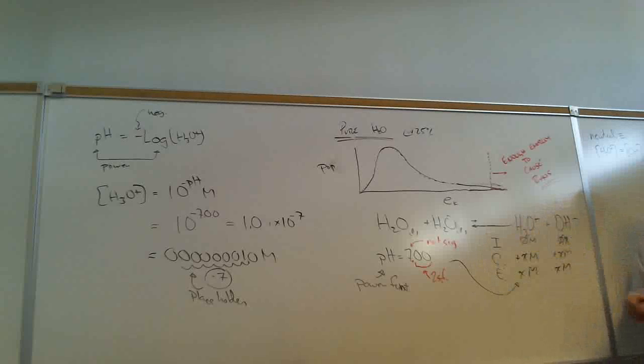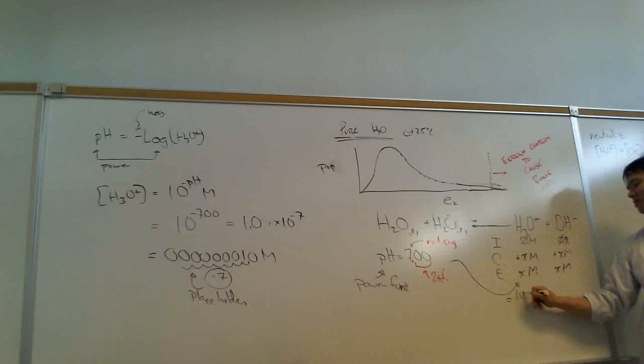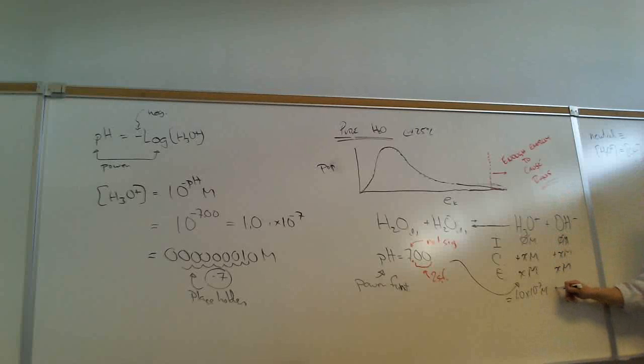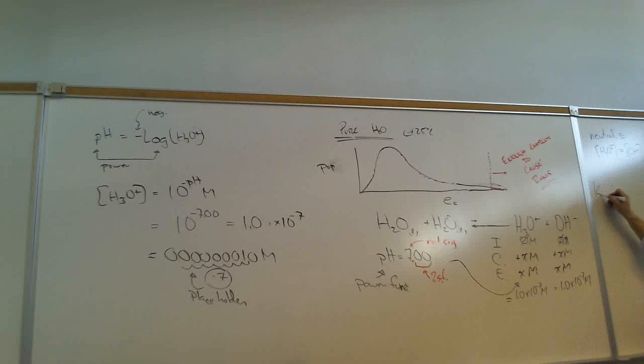So, we do this experimentally, we can measure this, and it comes out to 1.0 times 10 to the minus 7 molar. If we know the hydronium, then we know the hydroxide. The hydroxide's got to be 1.0 times 10 to the minus 7 molar. And therefore, K for this, which we call Kw, is equal to the hydronium ion concentration at equilibrium times the hydroxide ion concentration at equilibrium.